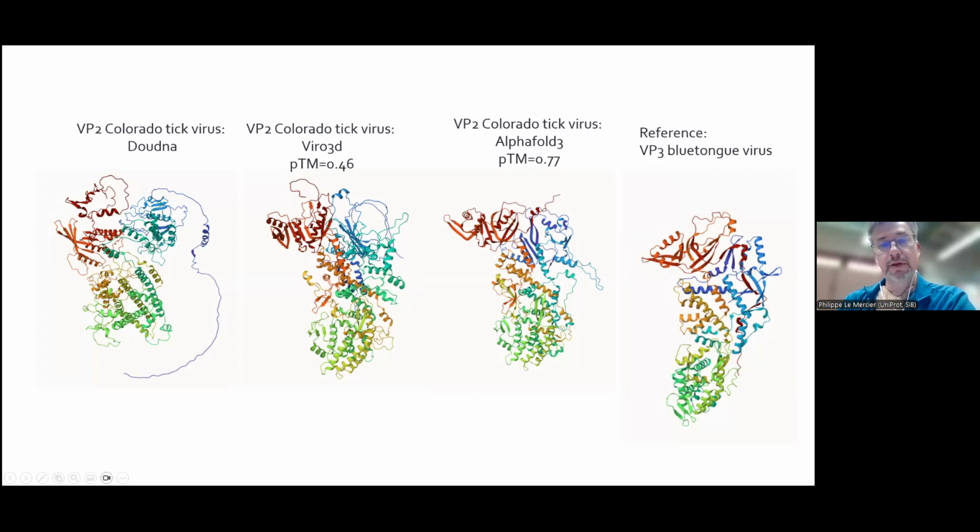It's a bit better in Viro3D, but you see that the score is still low, whereas in AlphaFold 3, the score is high, and you have a very good similarity with it. So that's where this gap is huge, because everything is in place correctly, and now you have a really good fold. Compared to here, you have an insight that it may be that some parts are accurately folded, but not others, like you see here, compared to that.